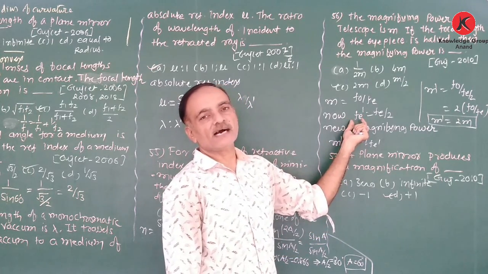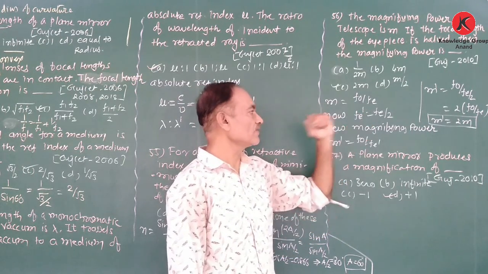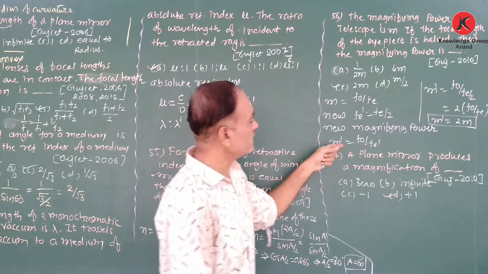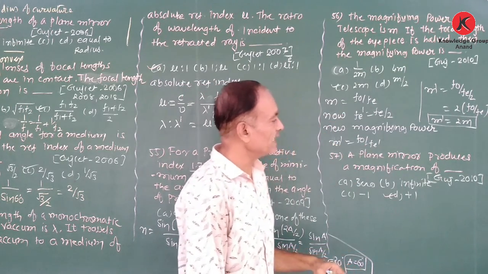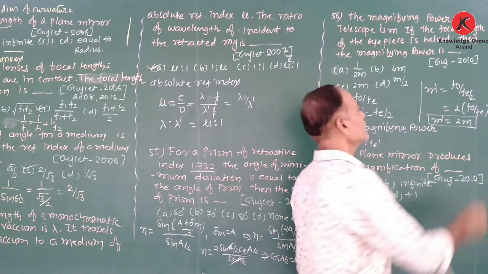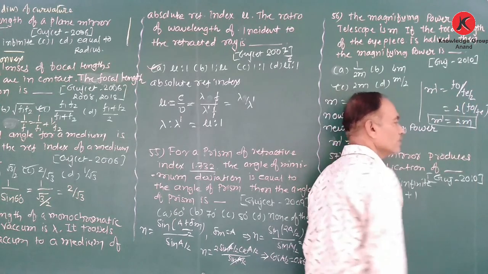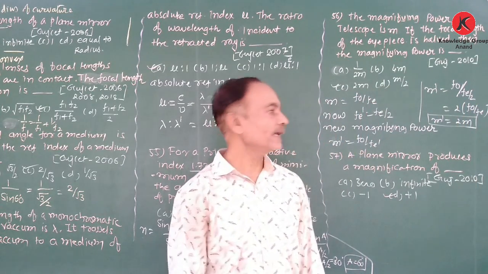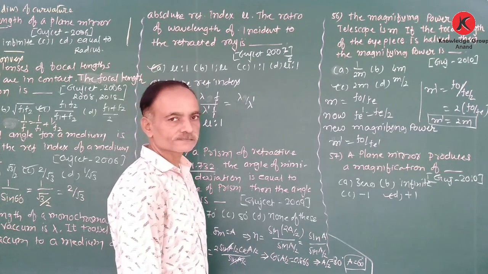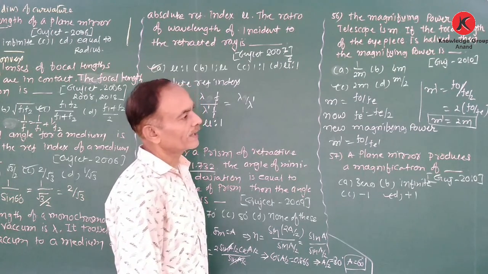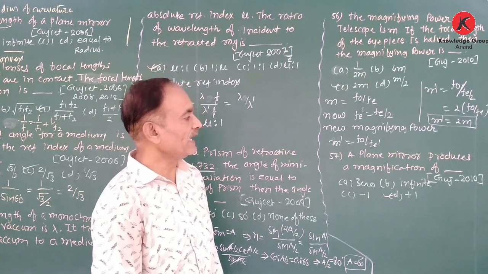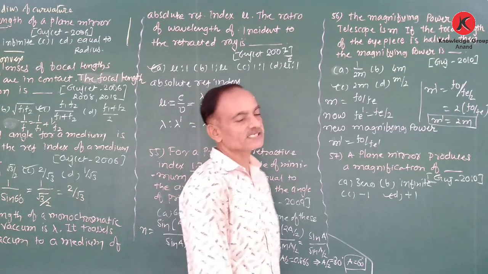Now f dash is equal to f by 2, therefore the new magnifying power m dash is equal to f o upon f by 2, which is 2 f o upon f, therefore m dash is equal to 2m. Clear? Okay.